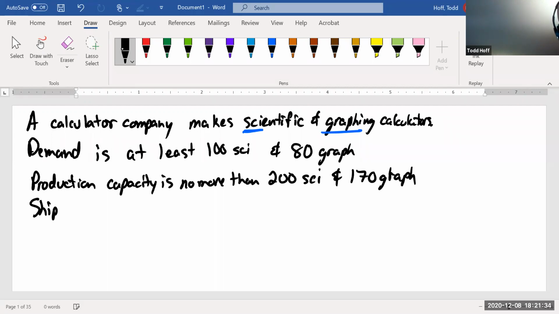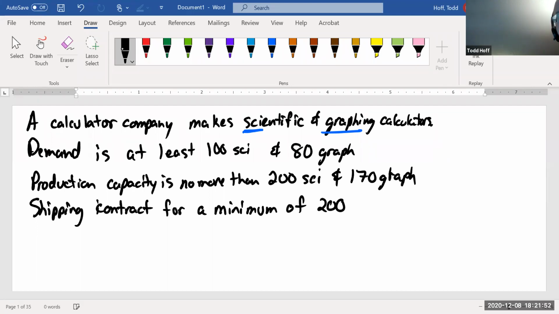A shipping contract exists for a minimum of 200 combined units per day.